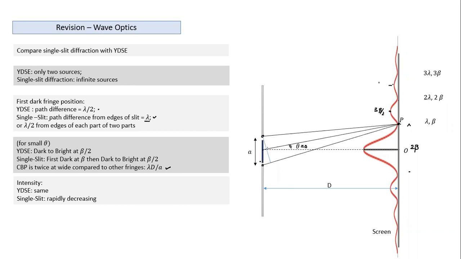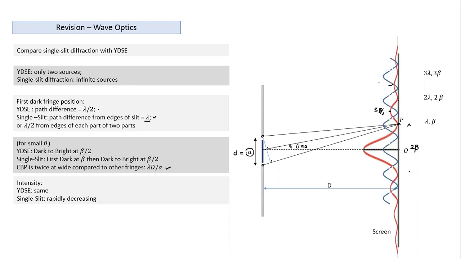So we cover part of the opening. Earlier what was the single slit size of opening becomes the spacing between the YDC slits. A becomes equal to D if we cover the major part of the slit, leaving very small parts.